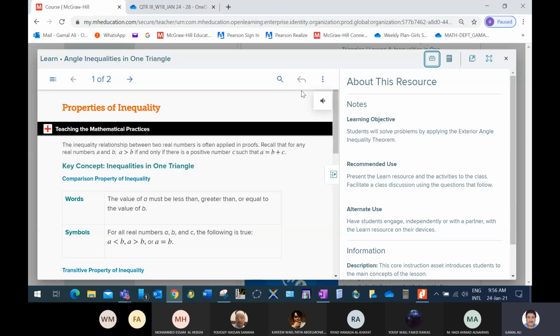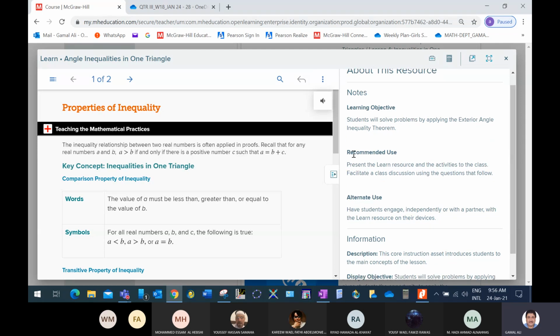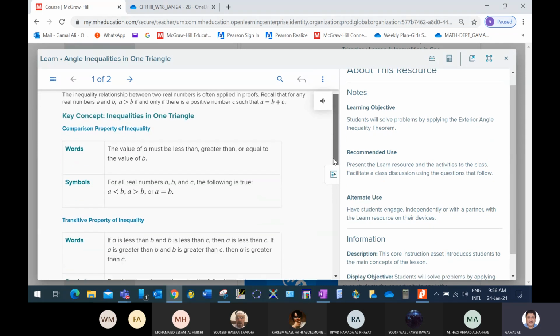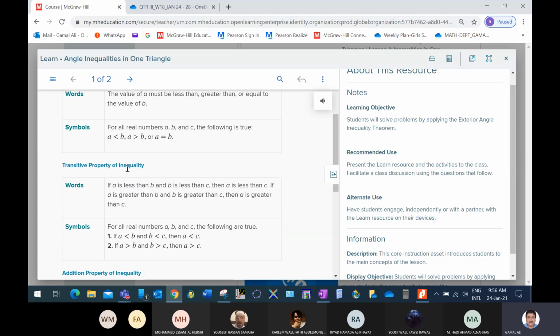When I told you before A equals B and B equals C, you told me so I can conclude A equals C. We called this the transitive property of equality. But here we will use the transitive property of inequality. If you have A less than B and B less than C, then you can conclude A less than C.